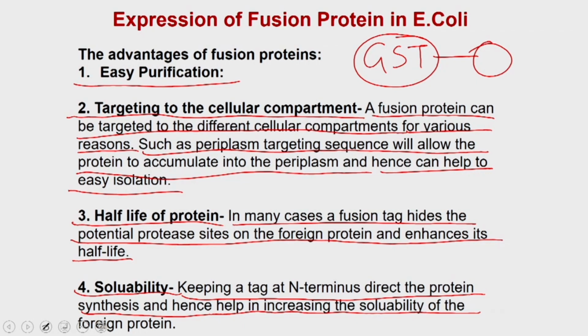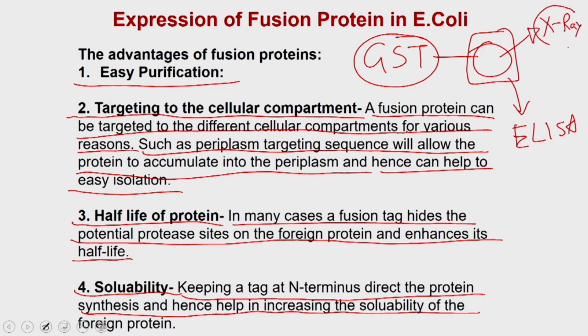Now, the question is, once you have the fusion protein, in some applications the fusion proteins are not required. For example, if you are going to use this protein for generating an ELISA, or if you want to use this protein for solving the structure using X-ray, in those cases the fusion tag is going to interfere in downstream applications.